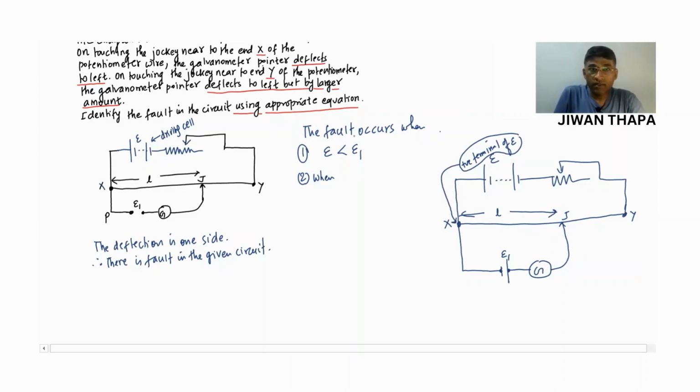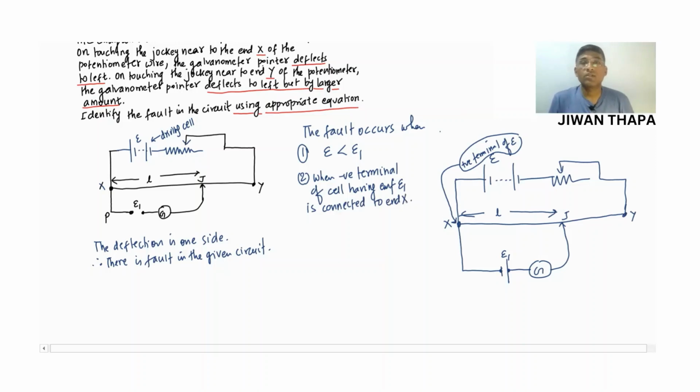So when negative terminal of cell having EMF E1 is connected, okay, is connected to end X. So we find this.